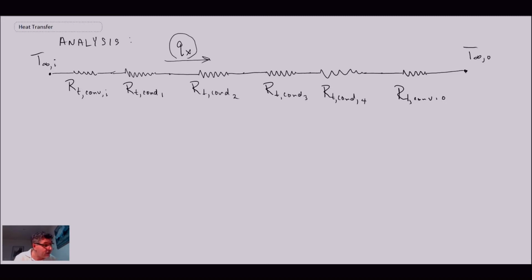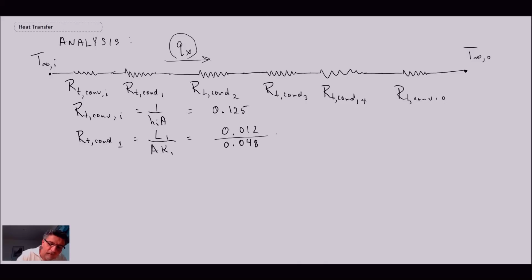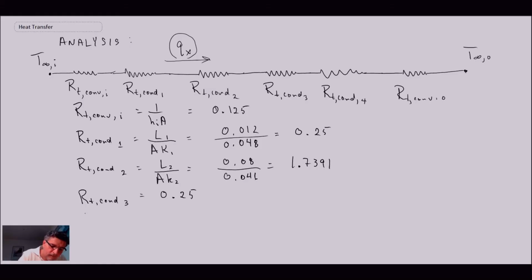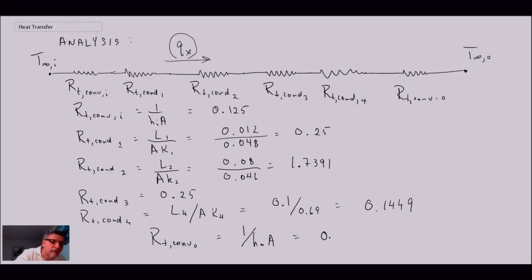So with that, what I'm going to do, I'm going to write out all of the different thermal resistances. We're going to sum them up because this is a series circuit. We'll put them in the equation, and we'll solve for Qx. Okay, so those are all of our thermal resistances.